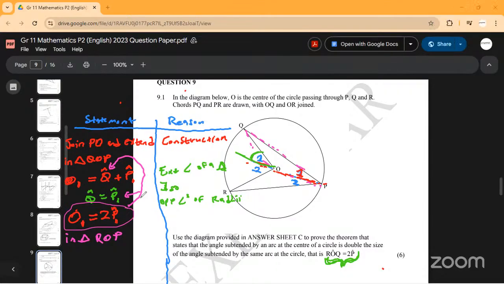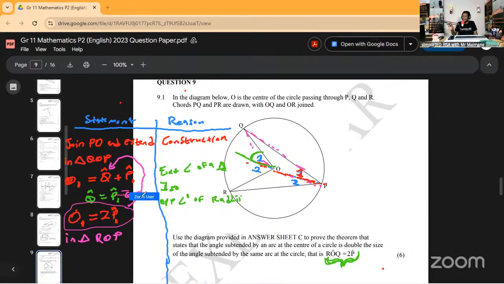So please repeat. Look, O1 is equal to Q plus P1 because of the exterior angle of a triangle. And then because of the isosceles triangle, angle Q and P1 are equal because the radiuses are equal. Because of that, you can put P1 where there's Q because P1 and Q are equal.